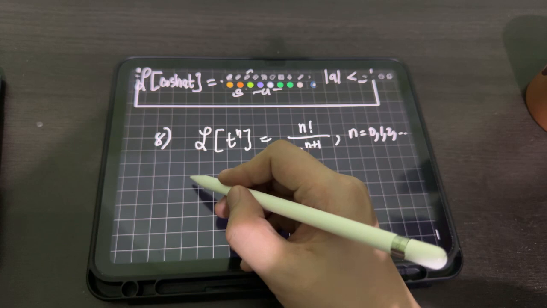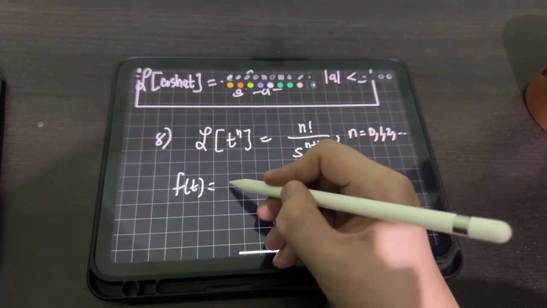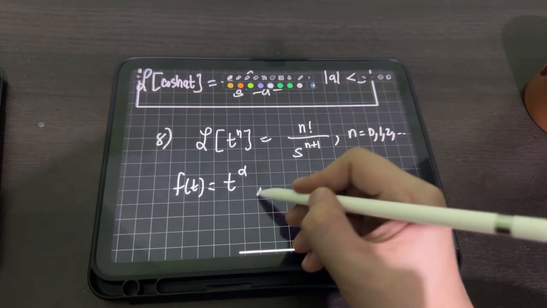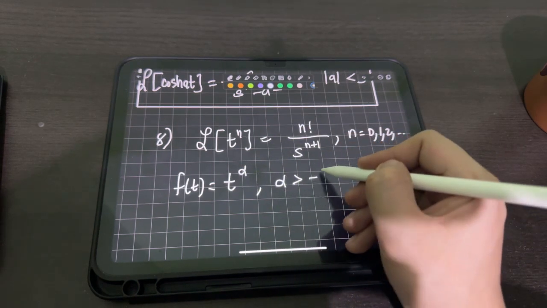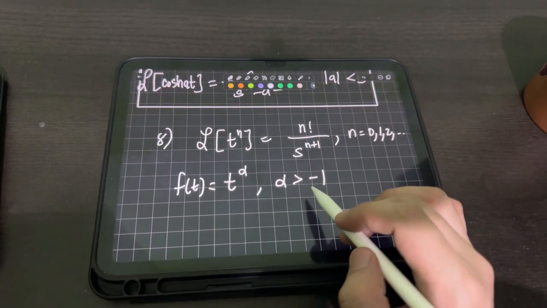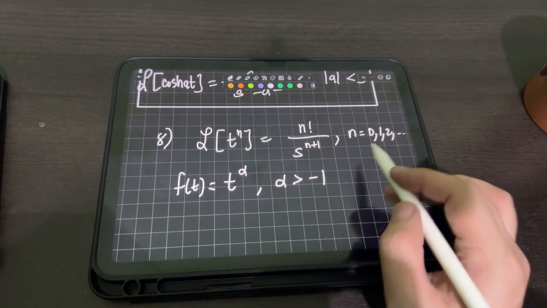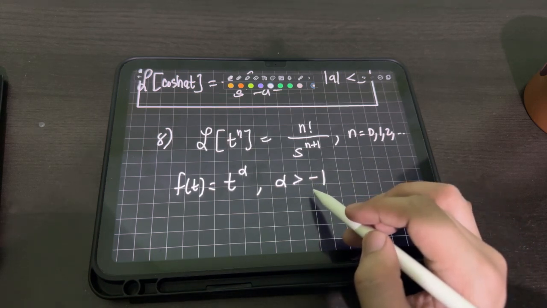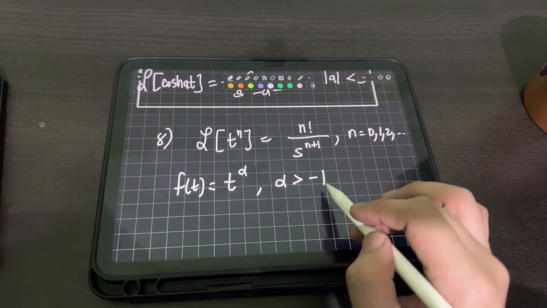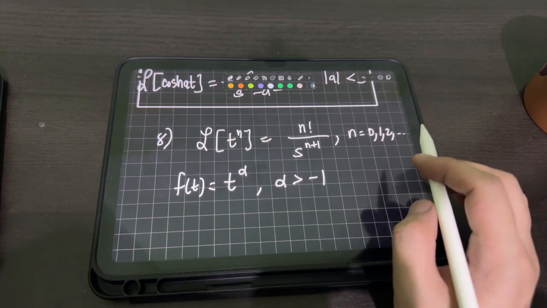What if we want to find the Laplace transform of f of t, let's say t to the alpha, where alpha is greater than negative 1? It can be 1/2, 1/4, and so on.